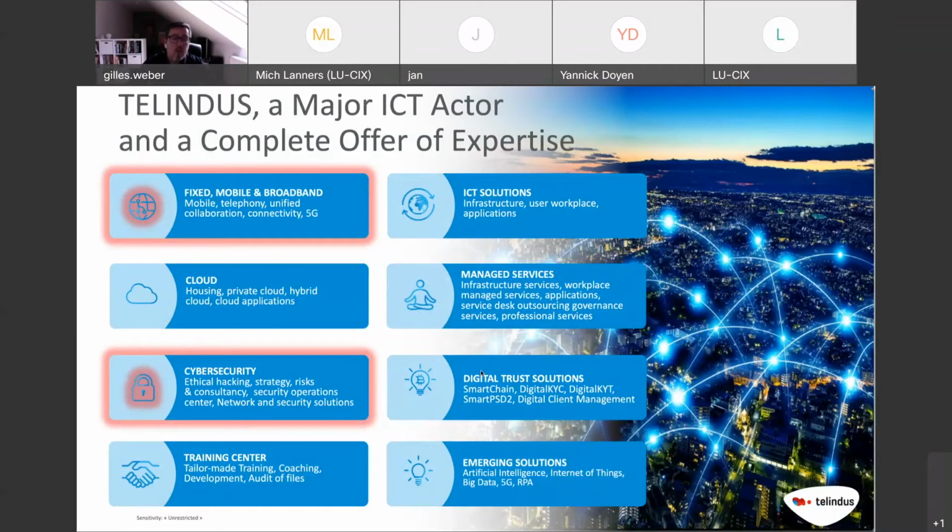And on the other side, THIELEMANS for the enterprise market and the B2B activities. And there we are an established player for more than 40 years, a company of around 700 people in Luxembourg. And as you see on this slide, with a very complete offer of expertise, but we are going to dig into more details on the cybersecurity and on the telco part during this presentation.